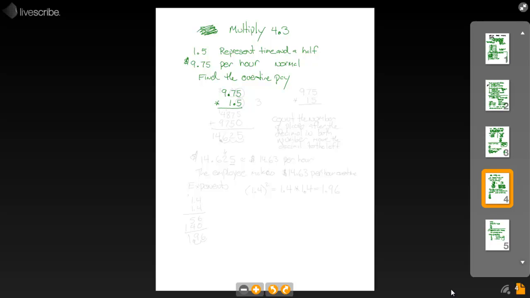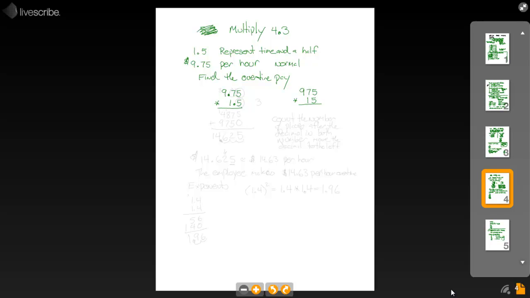And then, unlike adding or subtracting, just fuzz out on the decimals. They don't exist. In my head, I'm not even worried about decimals.